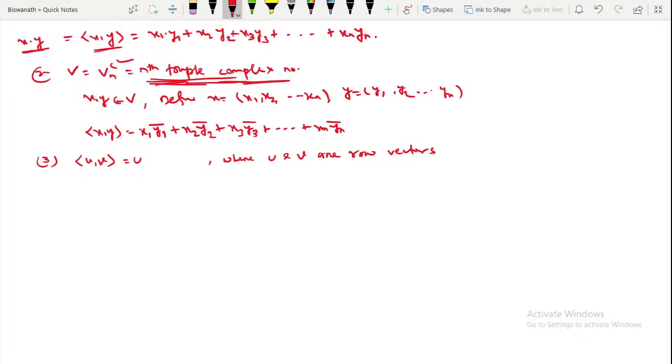This is u v transpose. Okay. Similarly, the inner product of u, v will be u transpose v if u and v are column vectors.